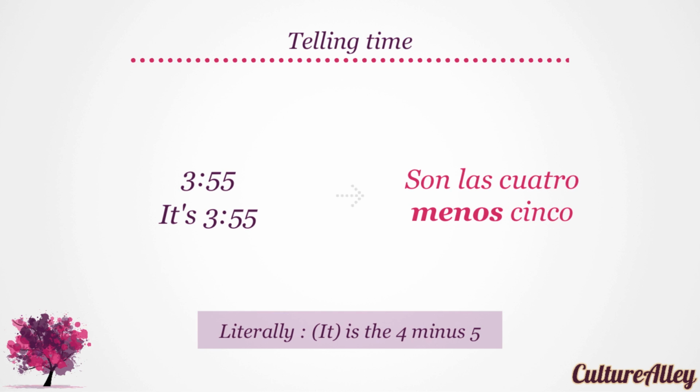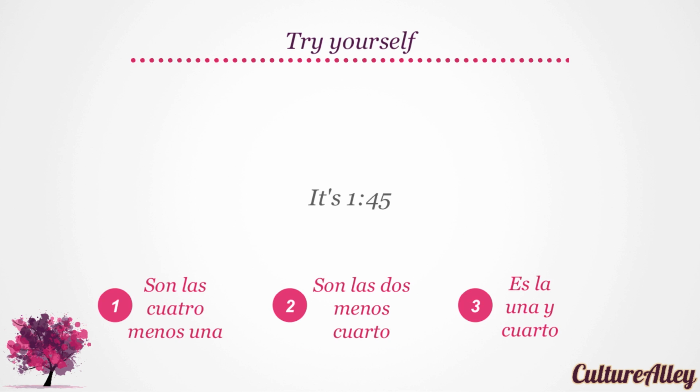Great. All right, one more. It's 3:55 becomes son las 4 menos 5. Try saying that. Son las 4 menos 5. The literal meaning of son las 4 menos 5 is the 4 minus 5.